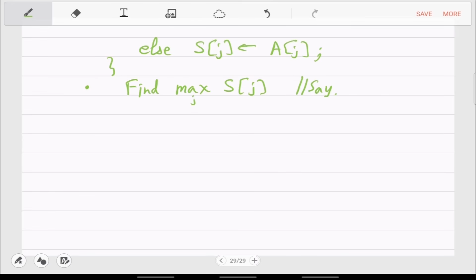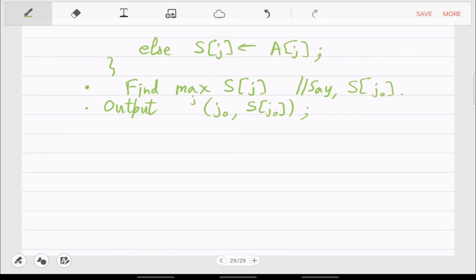Say it is Sj0. So output these values. So output this j0 and the value Sj0. Okay, so this solves the original problem. You find the S array in order n time, and then you find the max of the S array once it is fully calculated.